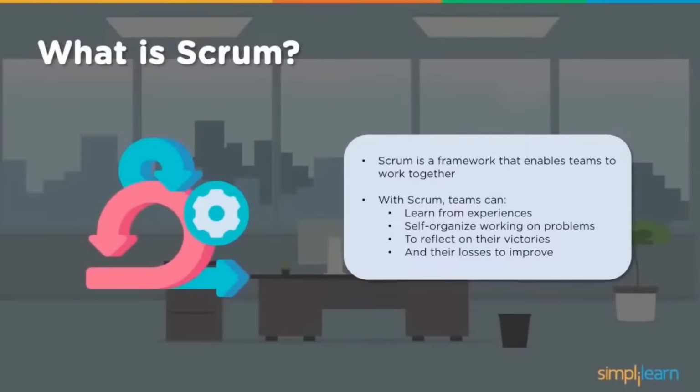They self-organize, working on problems. They work together, discuss, brainstorm, and reflect on their victories. Any achievement has to be celebrated and acknowledged, quick wins recognized, and their losses addressed to improve. Wherever things don't go well, necessary corrections have to be made. I think the Scrum approach would help in doing it quicker and better.